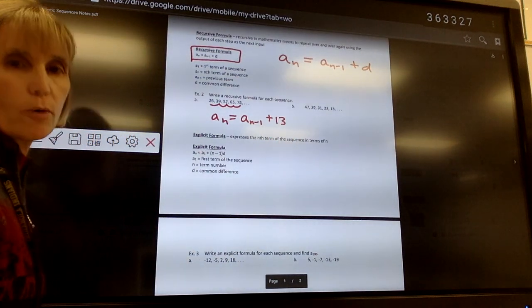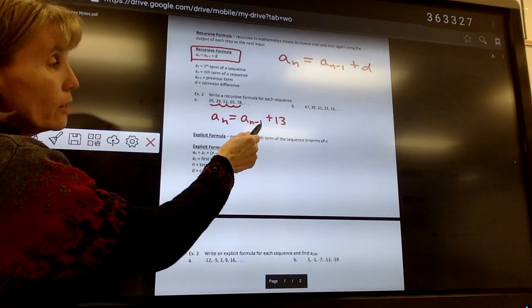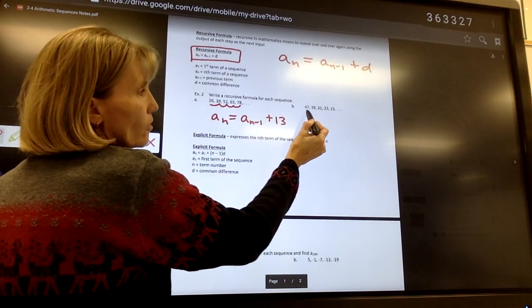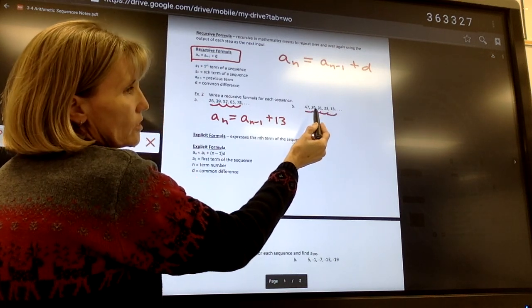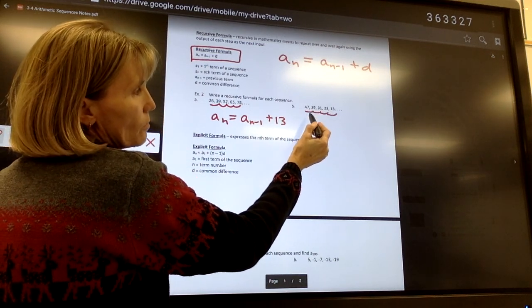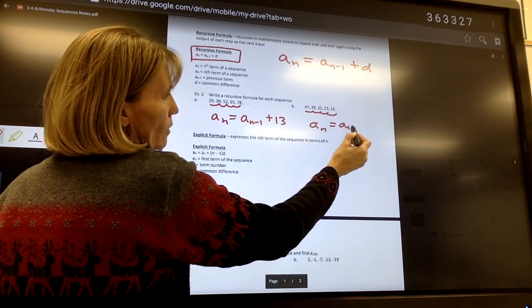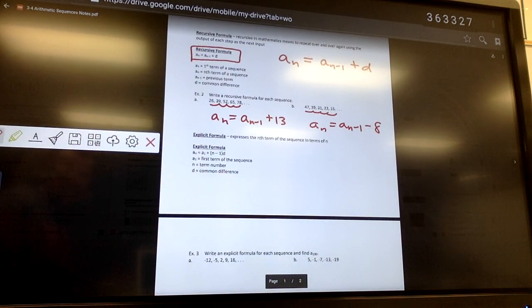So my recursive formula would just look like a sub n equals a sub n minus 1 plus 13. This is the only value you add to it. If I look at what's happening in this sequence of numbers, each time I'm decreasing by 8, so my recursive formula would look like that. You just put a -8 at the end. And that's all you're doing for the recursive formula.